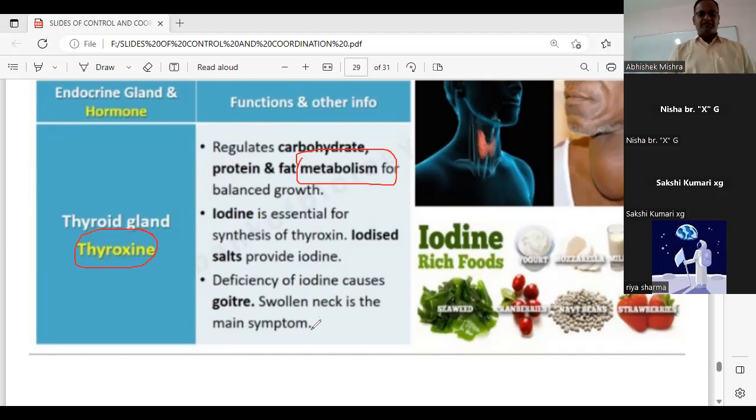Then the neck swells up, and this problem is called goiter. That is a swollen neck. You can see the image over here. The neck of the people swells up in this image. This is the image of the goiter.